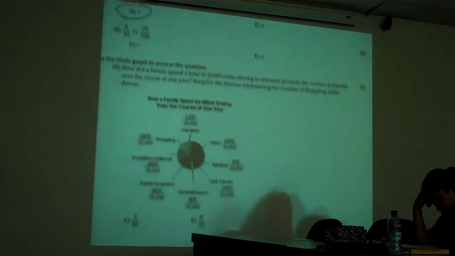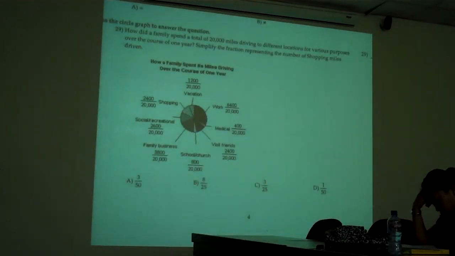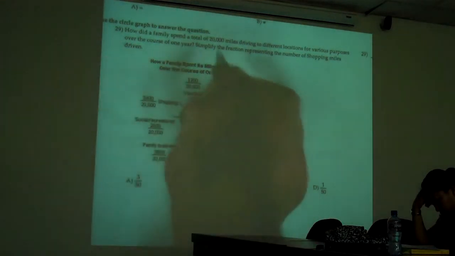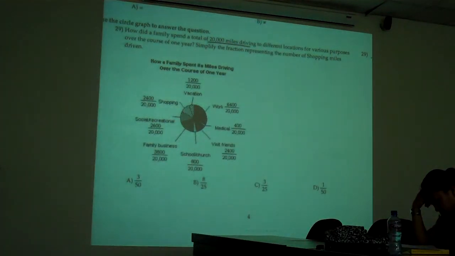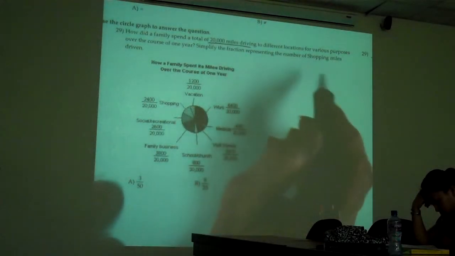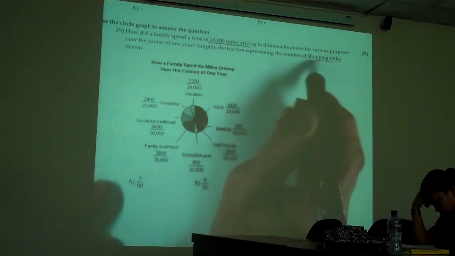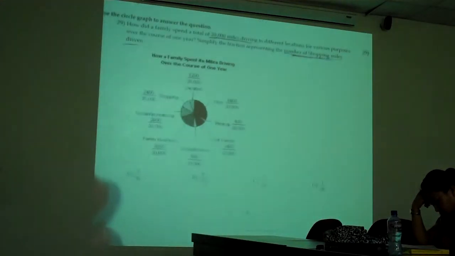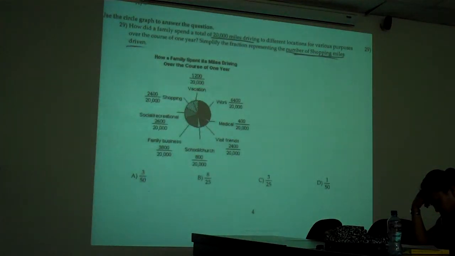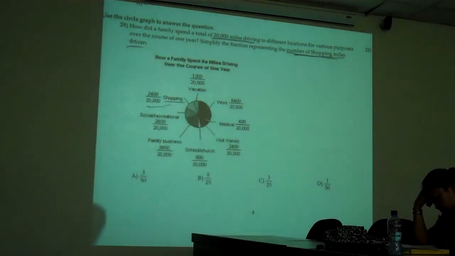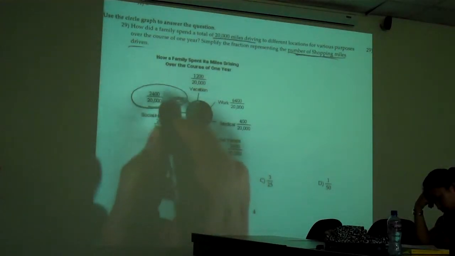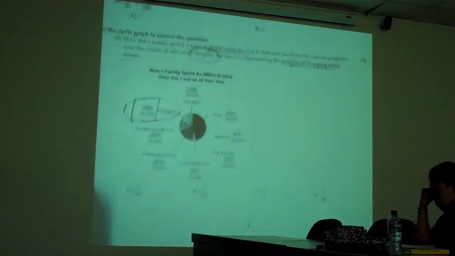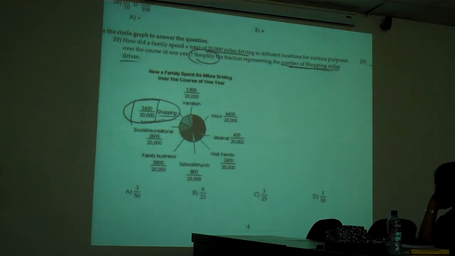Okay, circle graph, number 29. How did a family spend a total of 20,000 miles driving to different locations for various purposes over the course of a year? Simplify the fraction representing the number of shopping miles driven. So where's the shopping miles? The shopping's right there, right? 2400. Okay, don't just give this. It said to simplify the fraction that represents shopping, right?